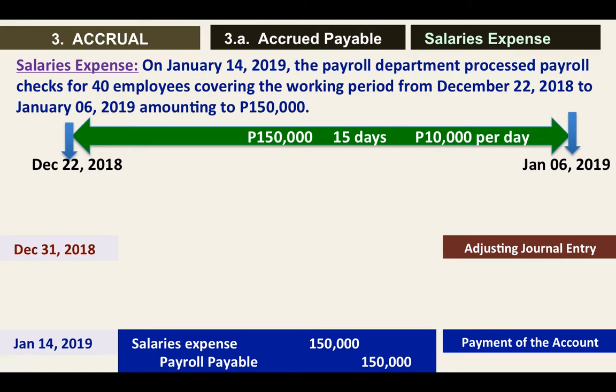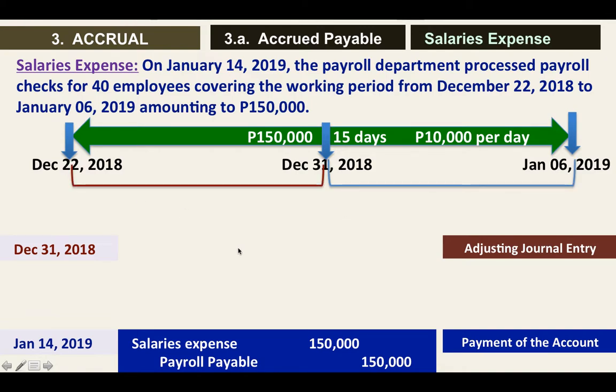Okay, we are doing the adjusting journal entry on December 31st, 2018 for us to know kung magkano yung salaries expense ng 2018. So this December 22 to December 31st, that is the 2018 expense. And from January 1st to January 6th, that is the 2019 expense. Okay, so now we were able to get the per day.